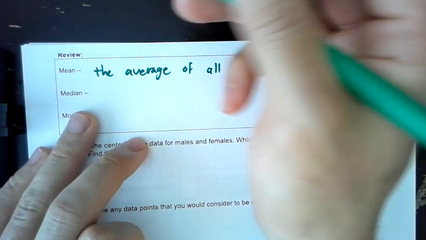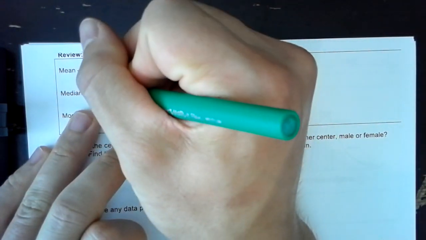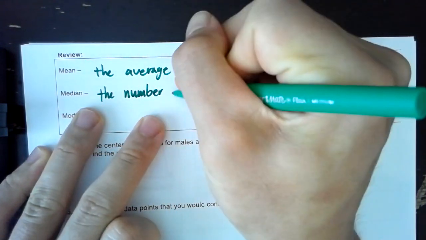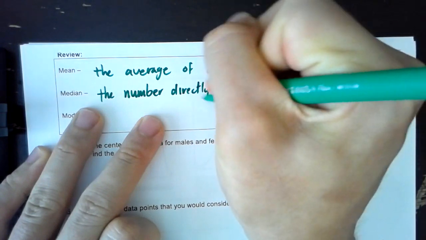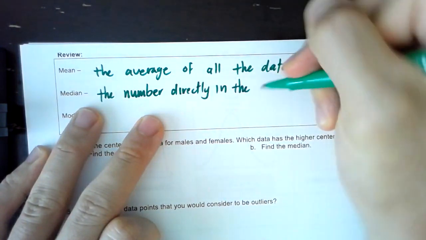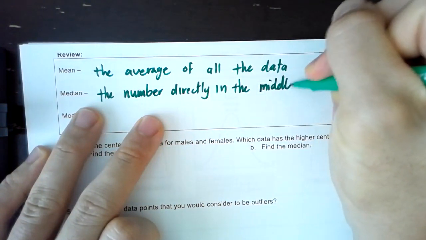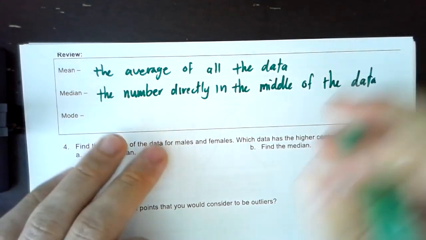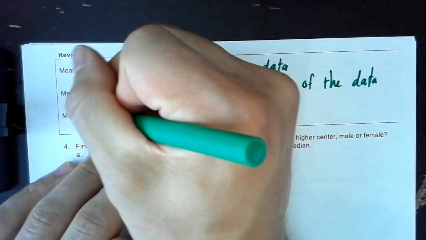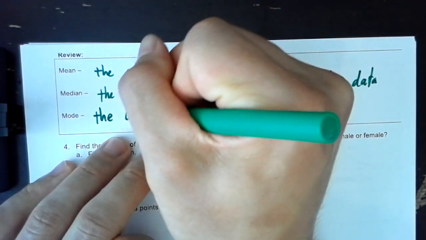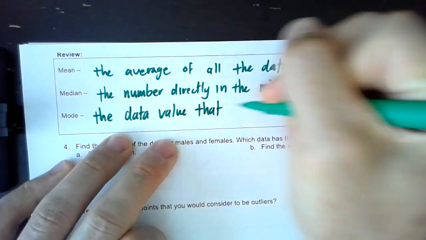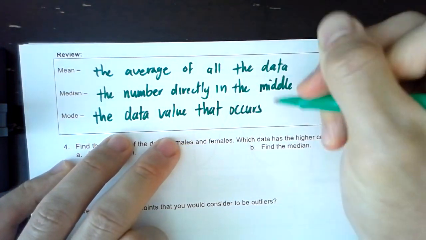The median is going to be the number directly in the middle of the data. And then the mode is the data value that occurs the most frequently.